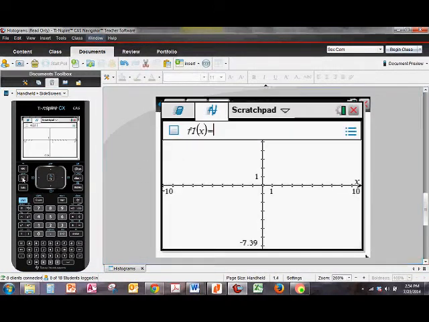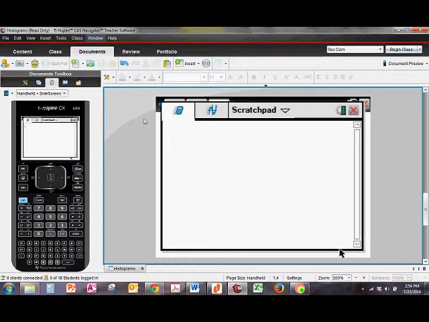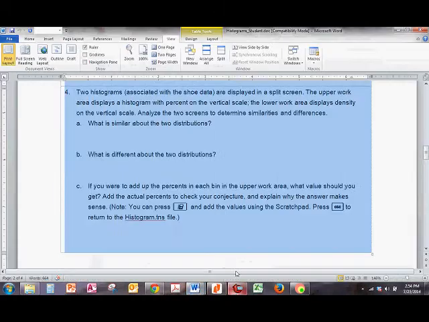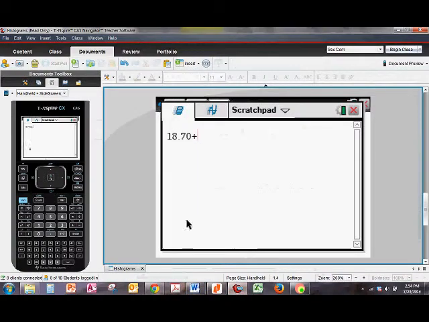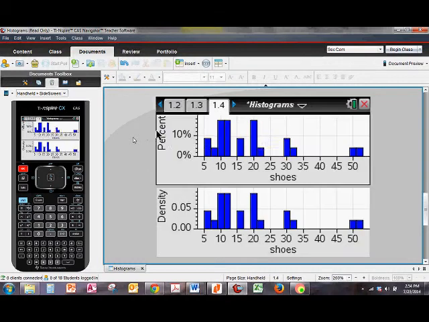And notice I clicked it too many times and it brought up the graph. And that's not what I'm doing right now. So I'm going to click the button again. And notice it just brought me to a normal calculation page. I think it was 18.70. You don't need the 0, but we can go ahead and put that there. And then let's come over here. And I'm going to press escape and find the next one.